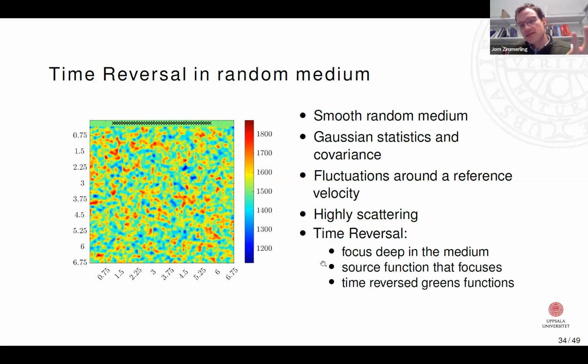But the Green's function is unknown because the medium is unknown. So the idea is to first use our reduced order model approach to reconstruct an approximation of this random medium, and then calculate this time reversal in this random medium to see how good our approximation of this random medium is.